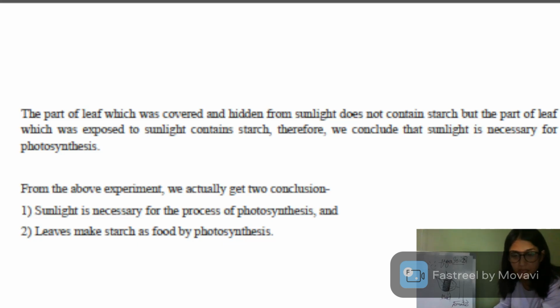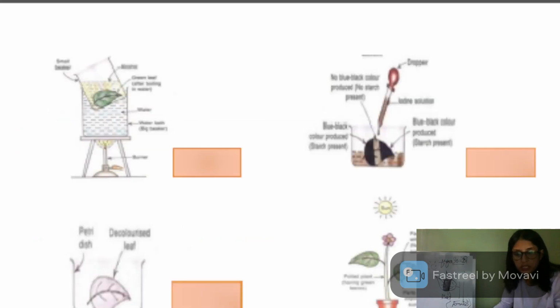Yes, if we talk about animals, or humans, the reserve food material is glycogen. And in plants, the reserve food material is in the form of starch. So they are forming starch in the presence of sunlight, and in the leaves. I hope this is clear to you.